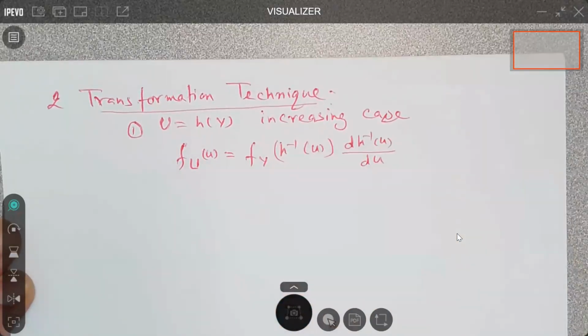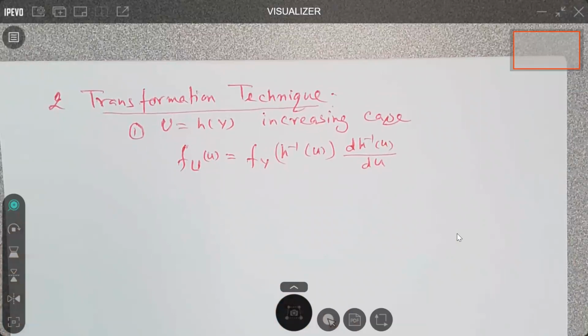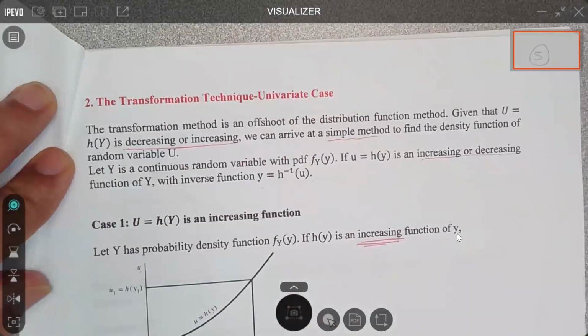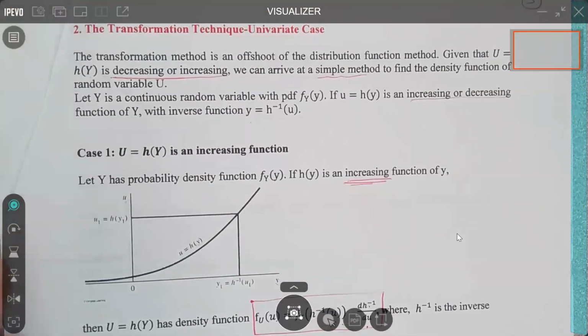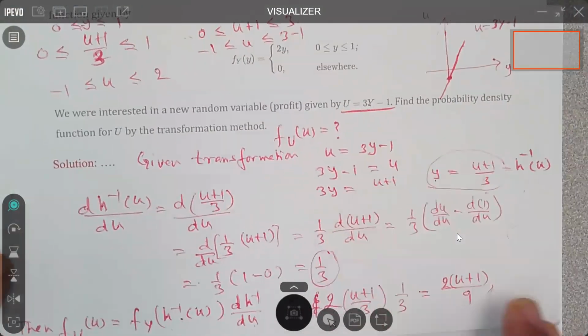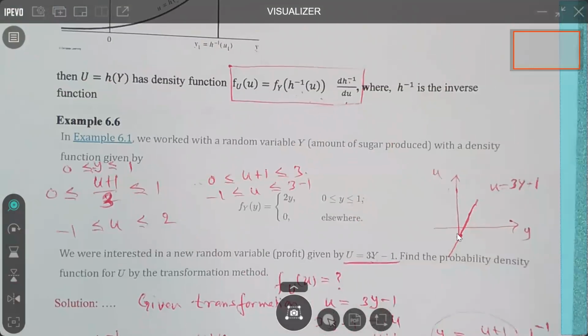That's what we did last time. We did an example, right? It is here, this one. When it is an increasing function. Example 6.6.